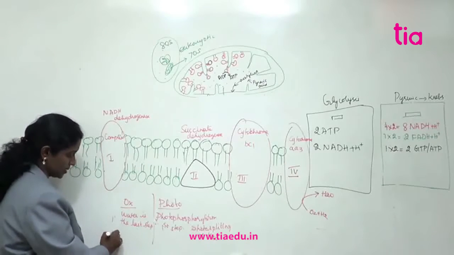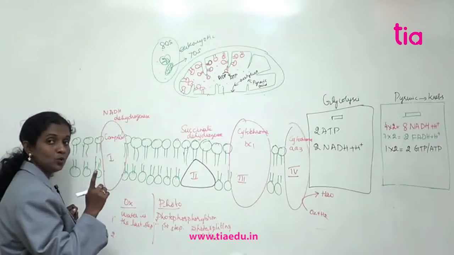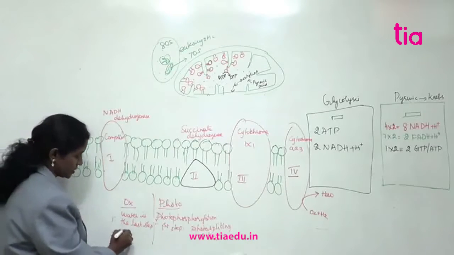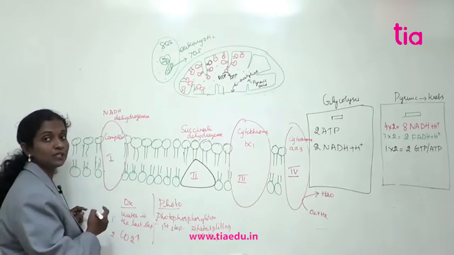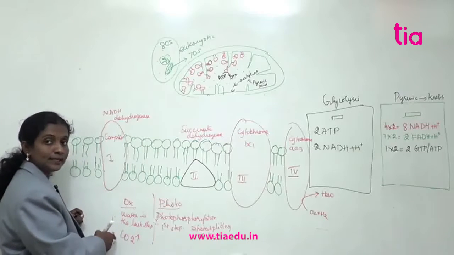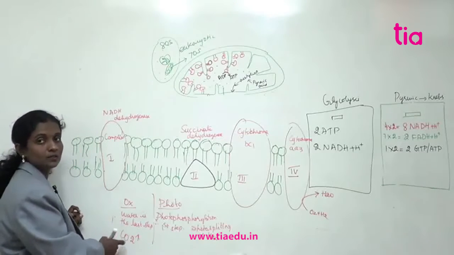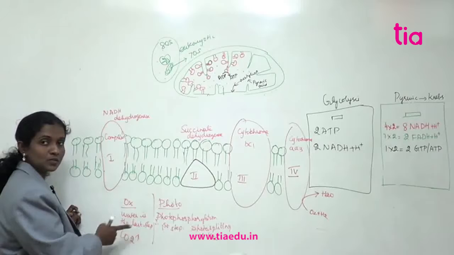Then what is happening here in oxidative phosphorylation? We evolve 6 molecules of carbon dioxide. Carbon dioxide is evolved. What do plants do? They purify the air. We spoil the air, they purify the air. But during the night time, they too will produce carbon dioxide, same like animals. During the daytime, they harvest the energy.